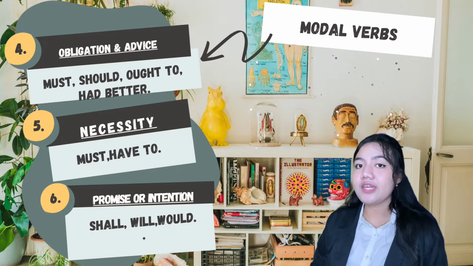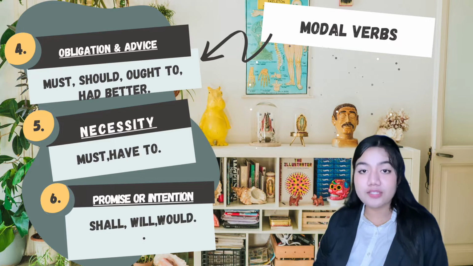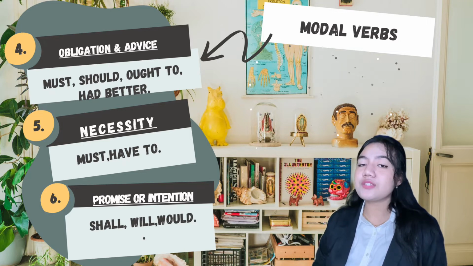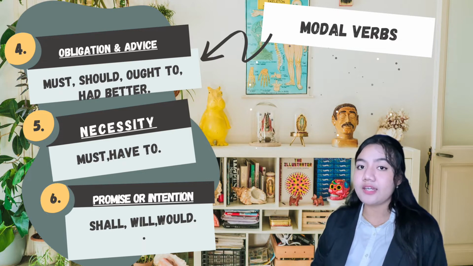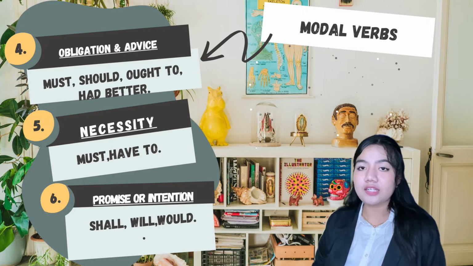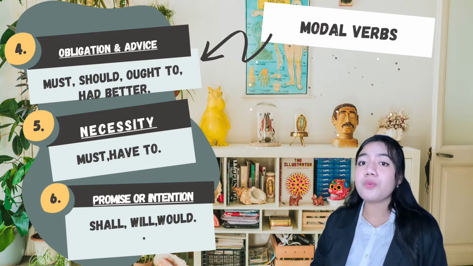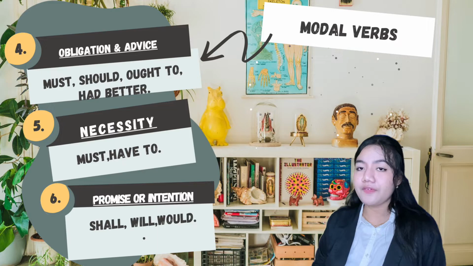Fourth, modals of obligation and advice, such as must, should, ought to, and had better. Next, modals of necessity, such as must and have to. And the last is modals of promise or intention, such as shall, will, and would. And there are many other modal verbs.